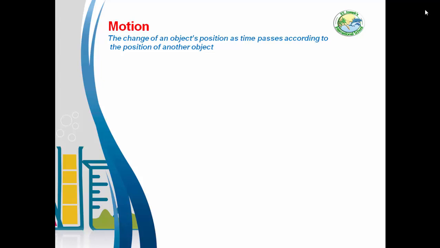Of course, motion happens all around us. Everywhere we can see objects move, such as cars, planes, people, balls. As we said, motion is a change in the position of an object as time passes.